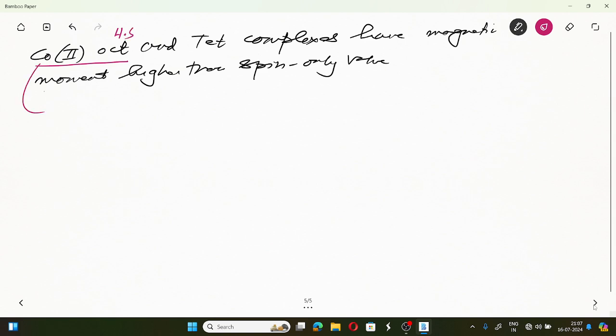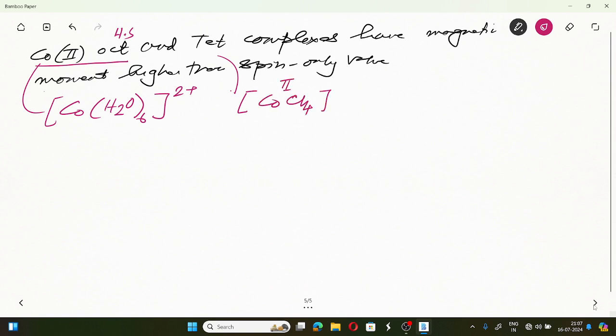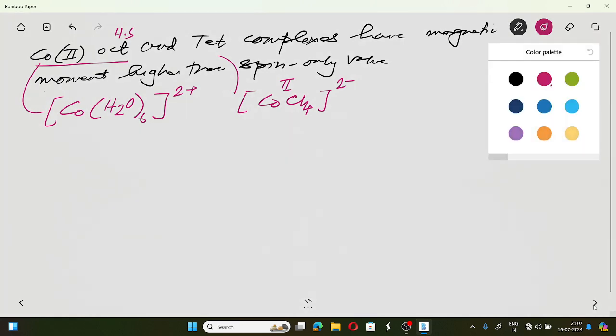মানে ফর এক্সাম্পল তোমাকে বলা হলো [Co(H2O)6]2+, টেট্রাহেড্রাল [CoCl4]2-. Okay, so how to explain? Once again we have to draw the splitting diagram, crystal field splitting diagram.